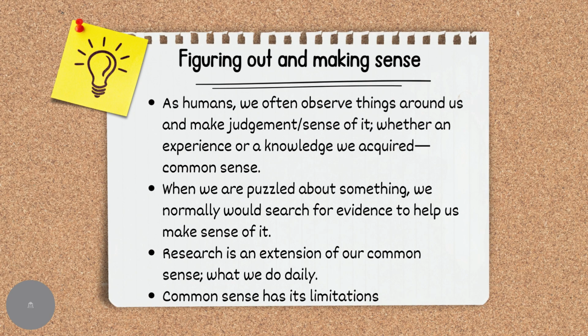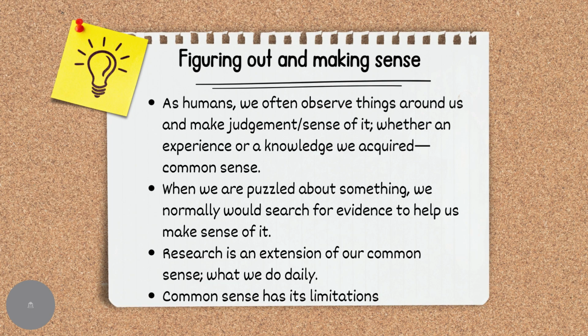So, figuring out and making sense: as humans, we often observe things around us and make judgments or sense of them, whether from an experience or knowledge we acquired. So if we find ourselves in an environment, maybe on a bus, and we see someone limping or using a crutch, depending on the person's presentation, most of the time we make a judgment.